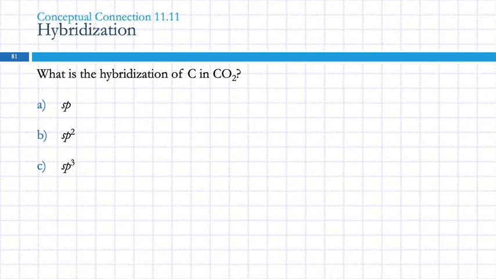What's the hybridization of carbon in CO2? Well, let's look at the Lewis structure. Any double bond is 1 sigma bond and 1 pi bond. Pi bonds are between p orbitals.